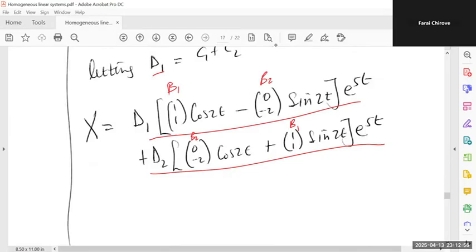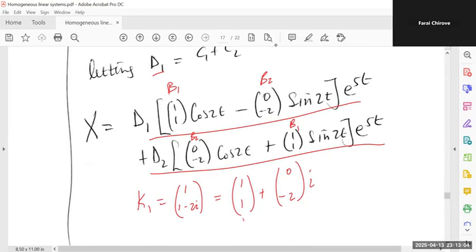And we wrote it as 1 plus 0 minus 2i. Can you see that the B1 and the B2 can be identified directly from the eigenvector without going through this trouble?